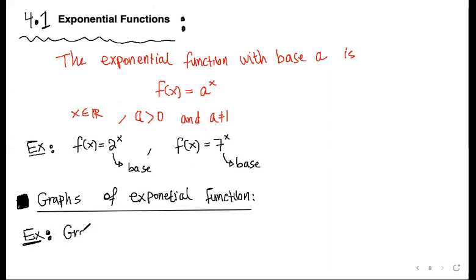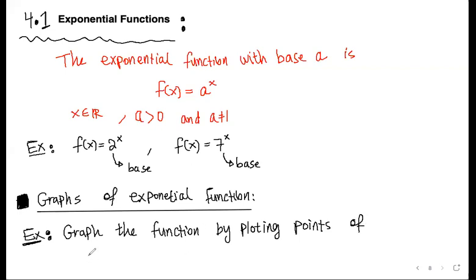Graph the functions by plotting points: f of x equal 3 to the x, and g of x equal 1 over 3 to the x.